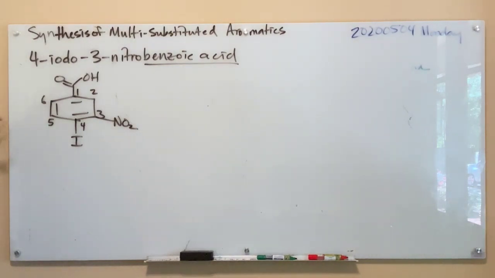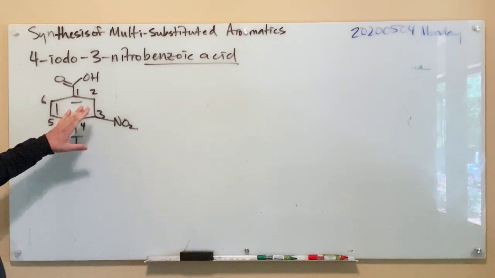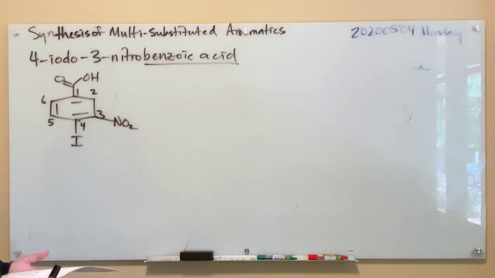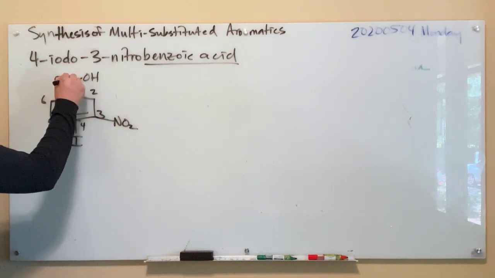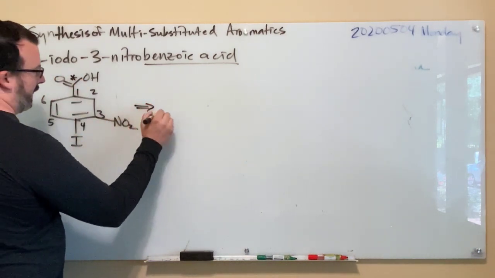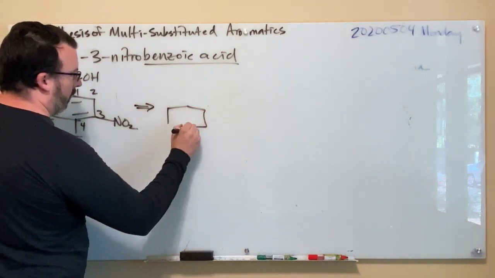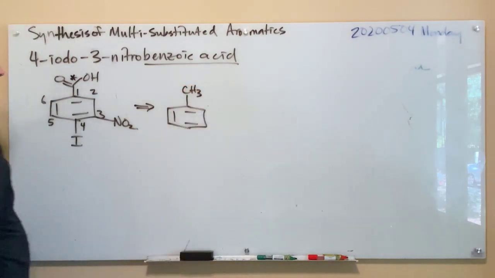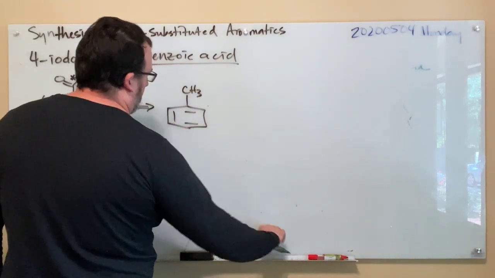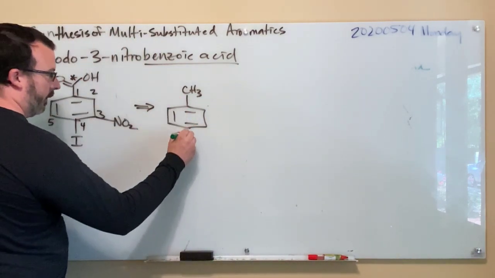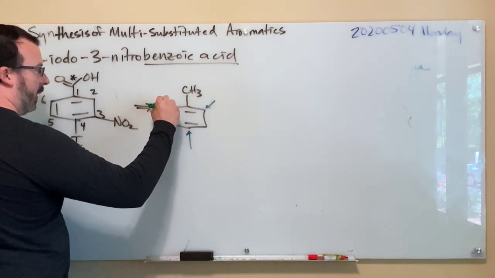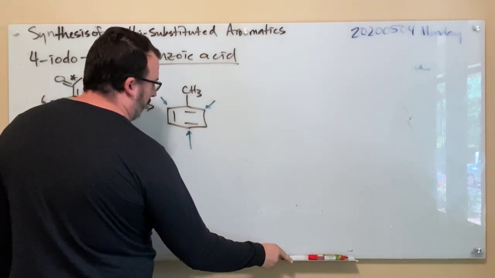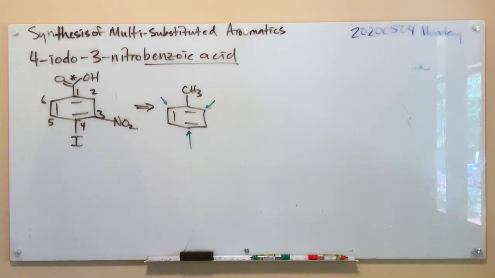So again, when we're looking at this, our prompt is we're either starting with benzene or we're starting with toluene. We have this benzoic carbon, so it makes sense to start with a molecule that has it in place, and again, that's toluene. Alkyl groups are ortho-para-directors, and again, the green marker means that they react faster than benzene itself.